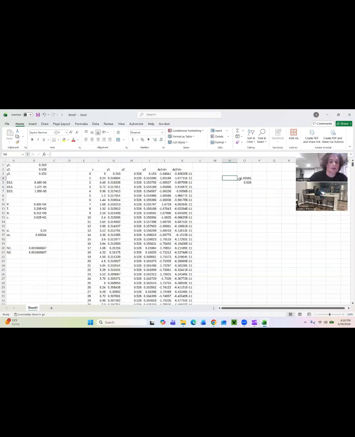So this is our Y1 and our Y2 at 1,000. So what we want to do is a sum squared. So if we do equals sum squared of these two, right?